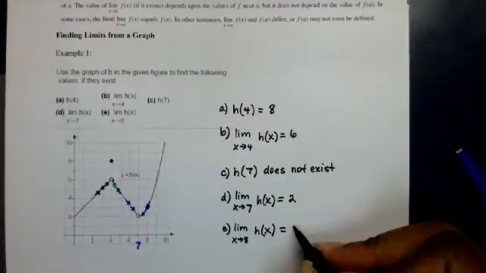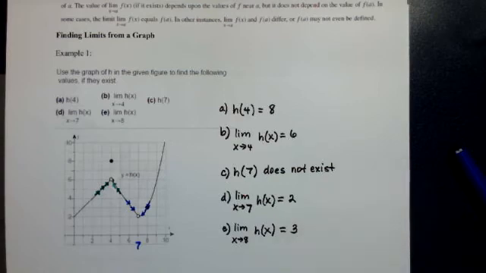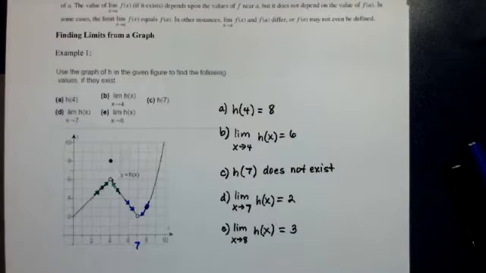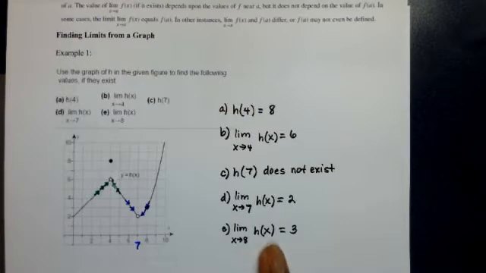So the limit as x approaches 8 is 3. Part E is an example where the limit as x approaches some value a of f of x does equal f of a. In this case, the limit as x approaches 8 of h of x is the same as h of 8, which is 3.